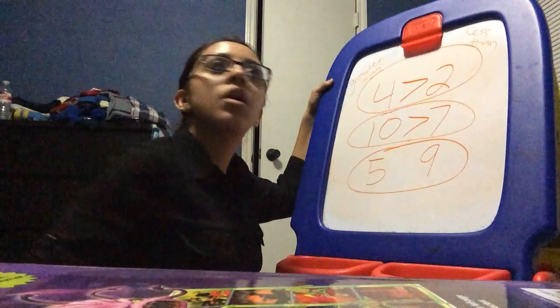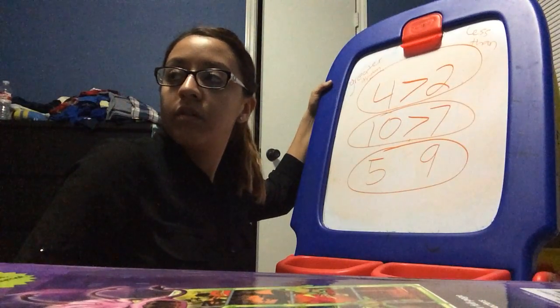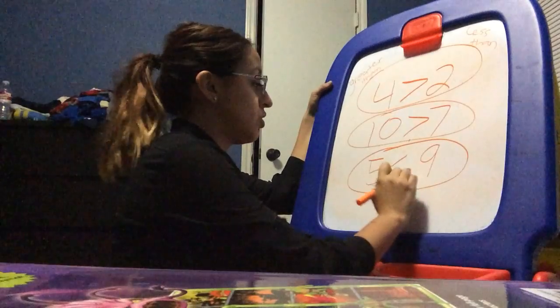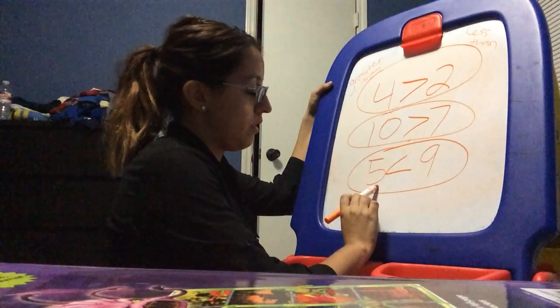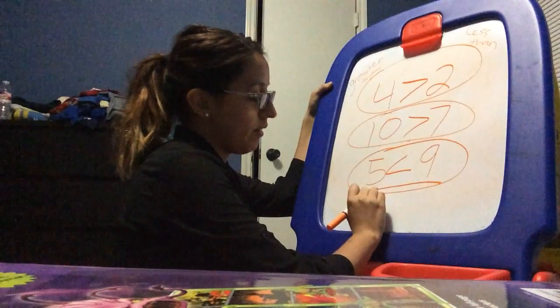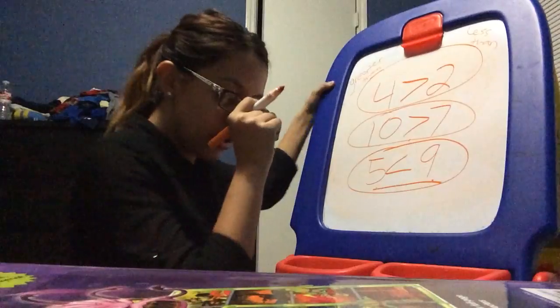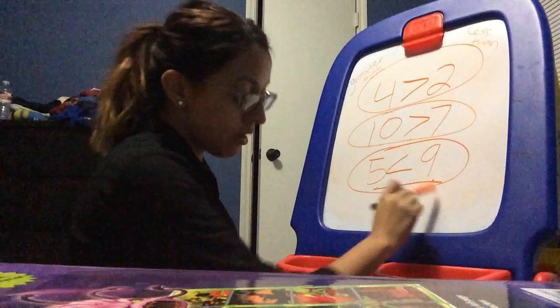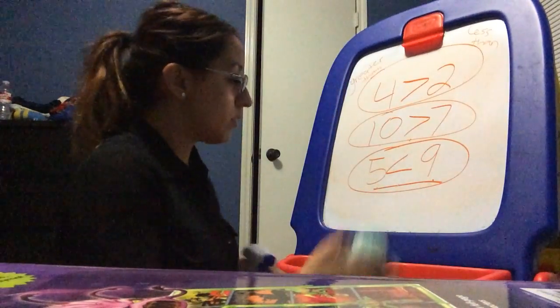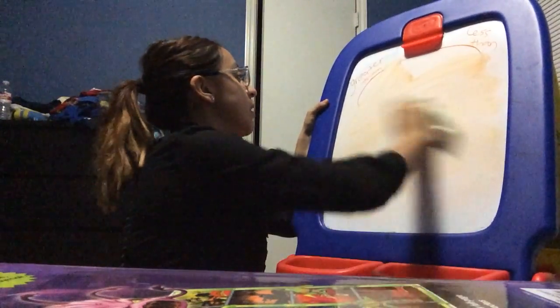So what number is the crocodile mouth going to be open to? The 9. Good job. So how would we say this? 9 is greater than... No, 5. We always got to start at the left side. So 5 is less than 9. Good job. We never start from over here. We always start from the left, just like how you read when you're reading a book or anything else.